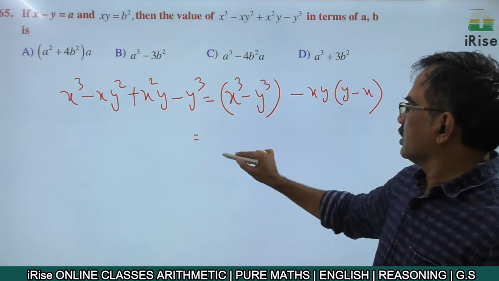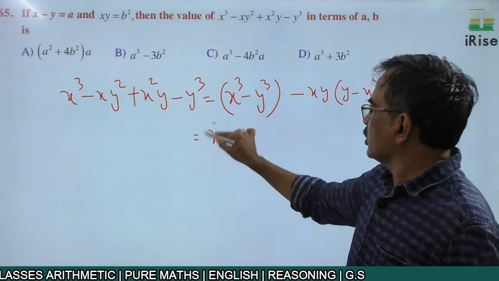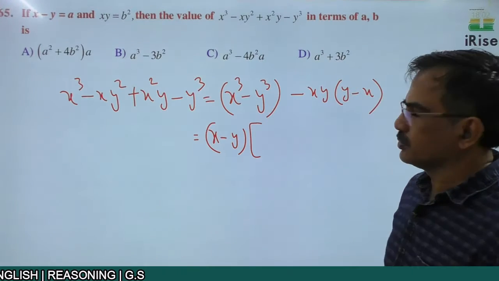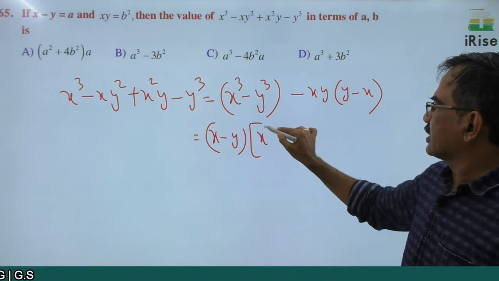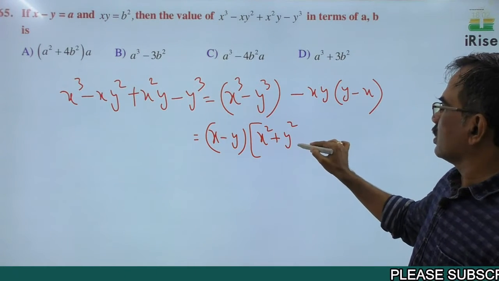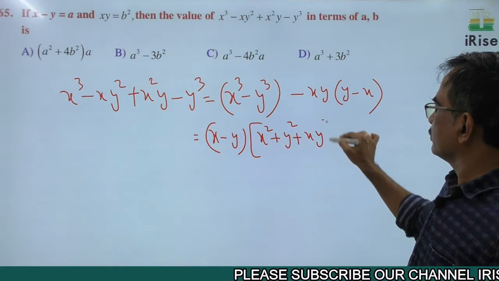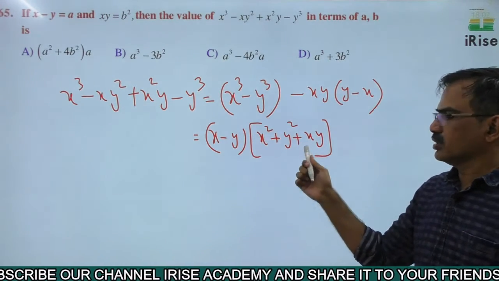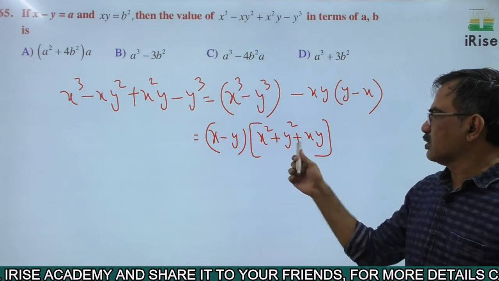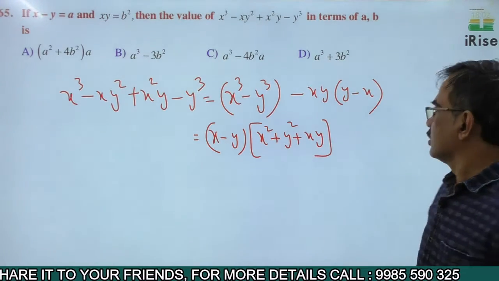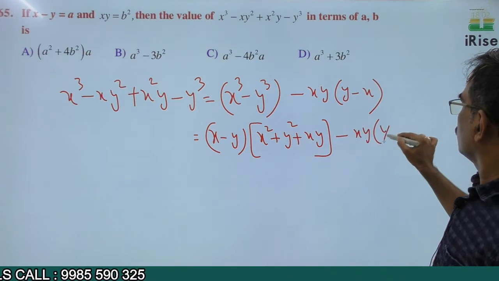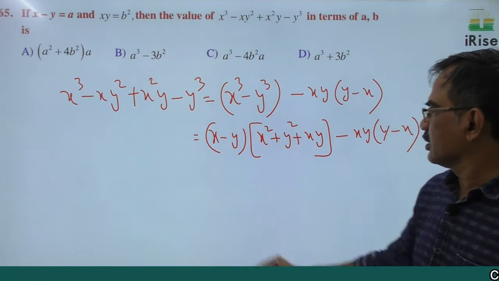Again this can be written as x minus y into x square plus y square plus xy. a cube minus b cube is equal to a minus b into a square plus b square plus ab. Minus xy into y minus x.